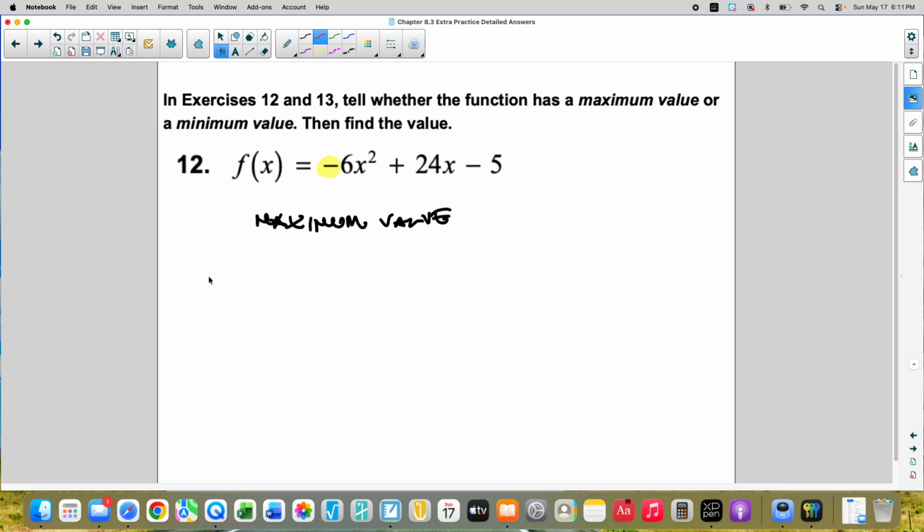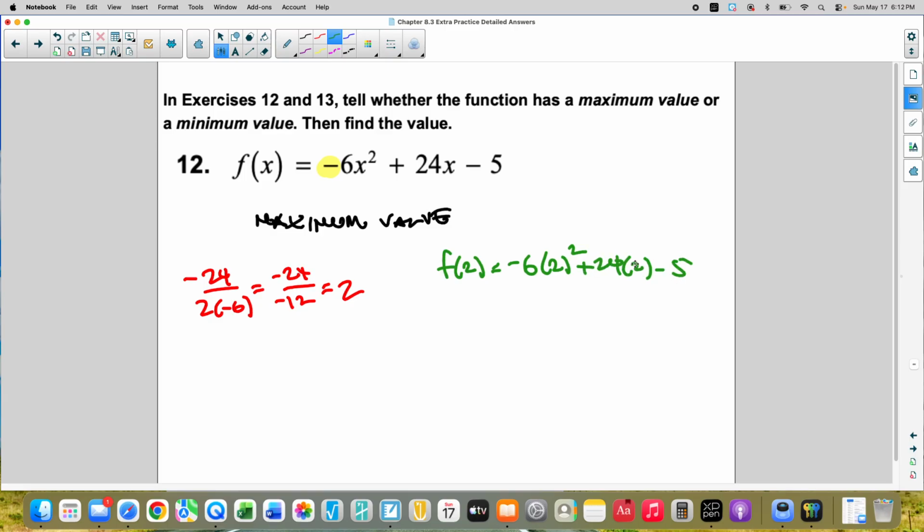So let's find out. It's the opposite of b all over 2 times a, which is negative 24 over negative 12, which is 2. So now I'm going to plug in f of 2 equals negative 6 times 2 squared plus 24 times 2 minus 5.